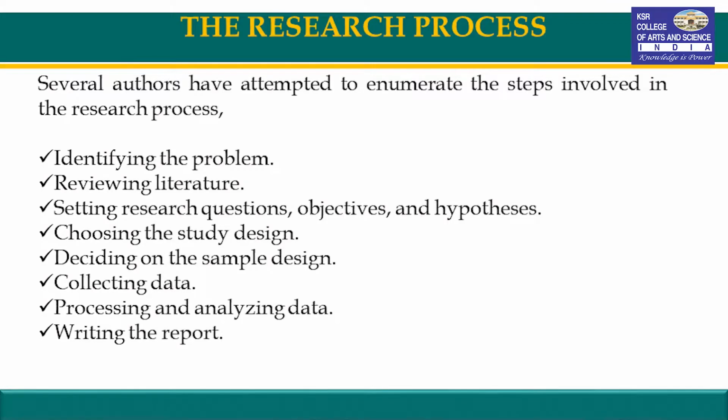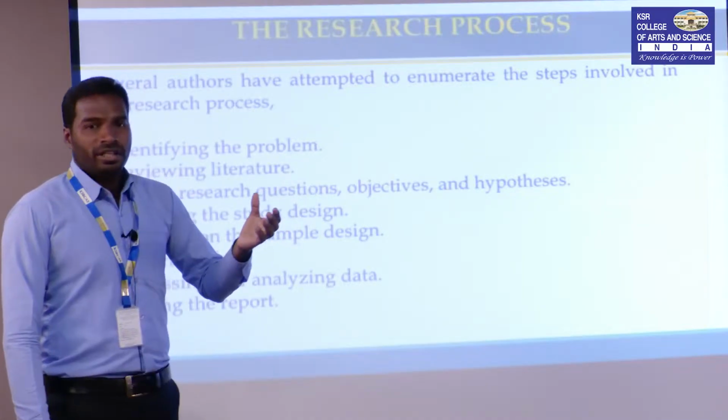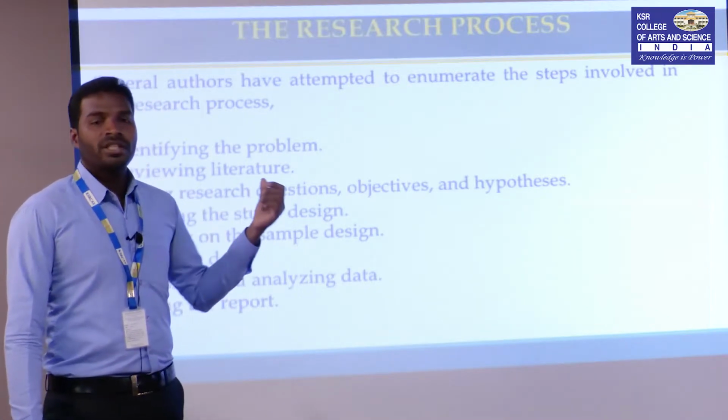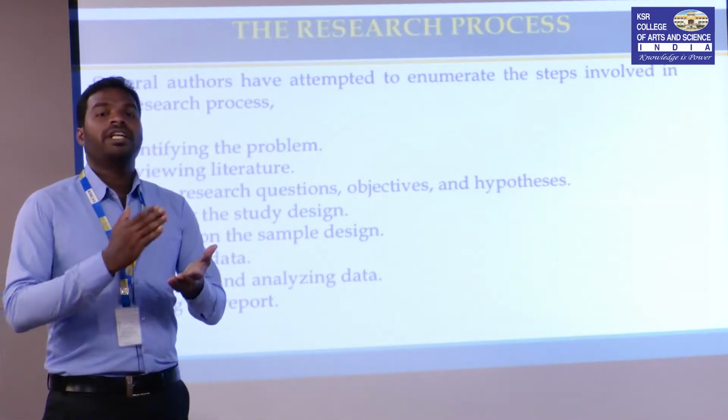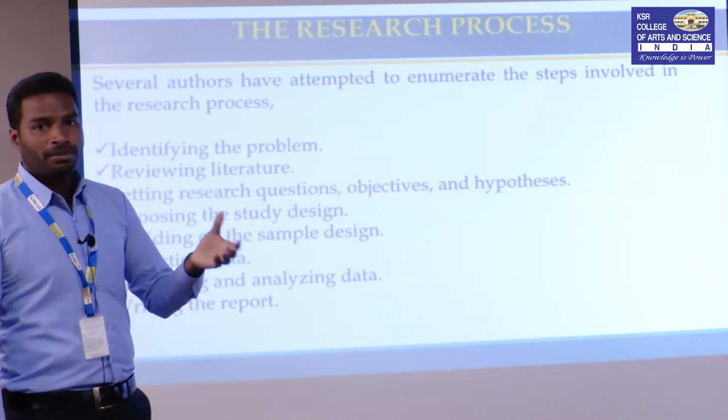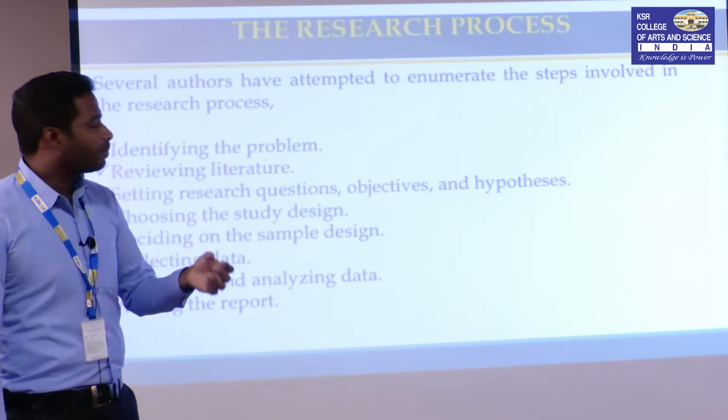And next, the research process. The research process plays a very important role in business research, because every organization does such research to develop their product, to increase profit, or just to solve the problems that exist in the business process.